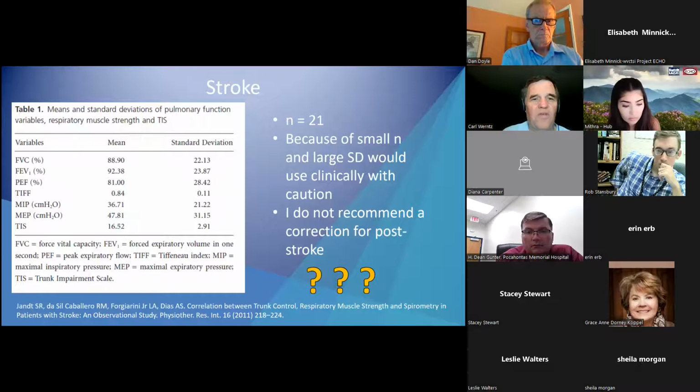I would be very careful in adjusting this. I don't recommend correcting for post-stroke because it's just too variable. My recommendation is don't correct for stroke. Just acknowledge that it's a problem, because I don't think there's enough literature available to make a good recommendation.